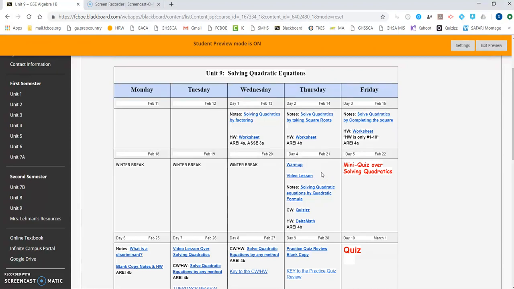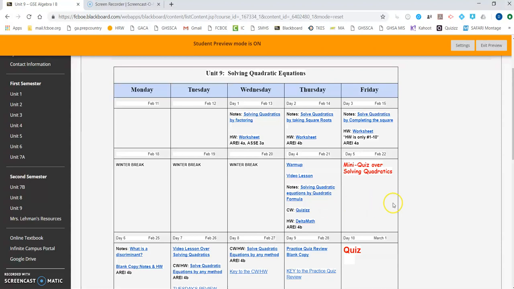So the lesson objective for today's lesson will be that students will learn how to solve a quadratic equation by using the quadratic formula. So the plan of assessment, and I'll talk a little bit more once we get to it, but we're going to have a ticket out the door, which is going to be a quick 2-question quiz that I do through Blackboard, and that's going to let me see what my students understood from the lesson and let them have an understanding of how well they learned the lesson.